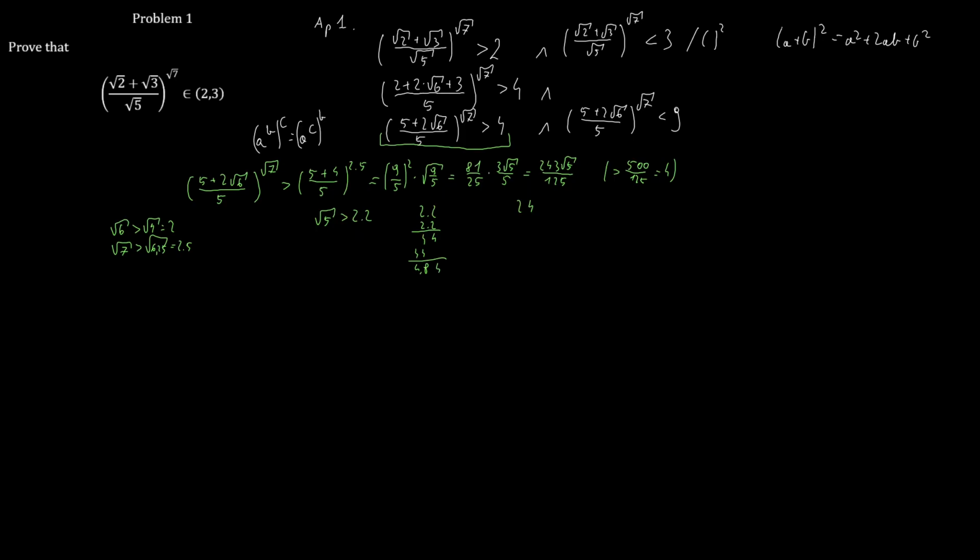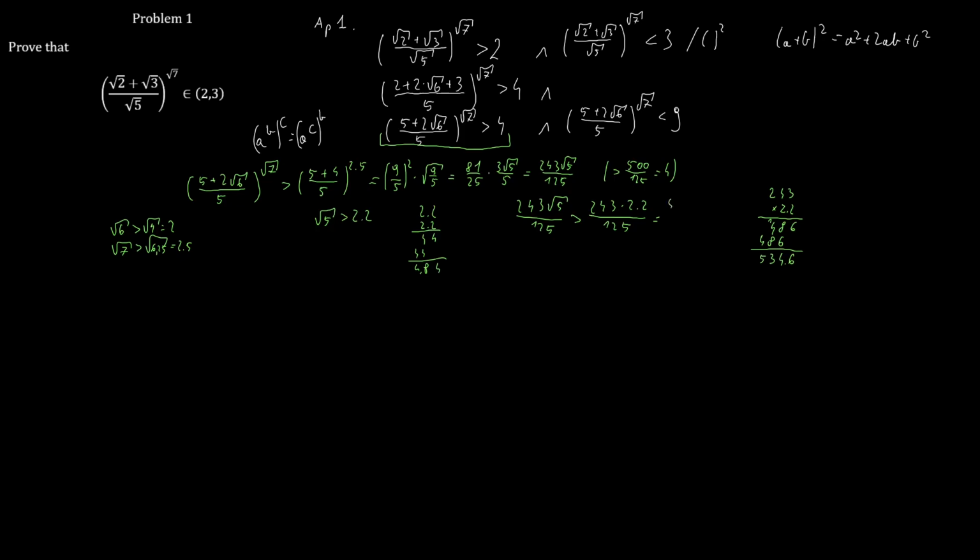So this thing is more than 243 times 2.2 divided by 125, and indeed 243 times 2.2 gives us 534.6.